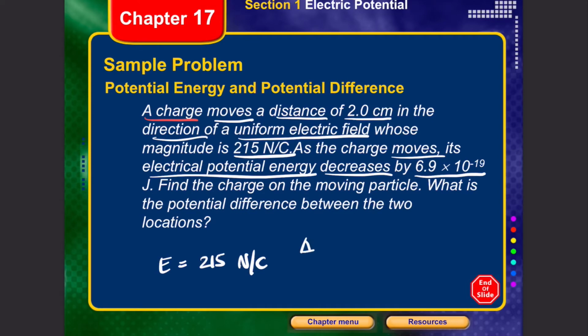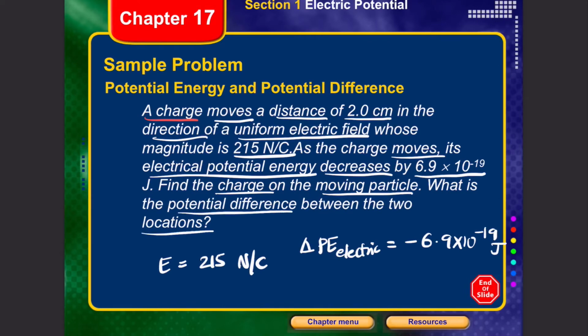So delta potential energy electric is decreasing, meaning that it's negative: negative 6.9 times 10 to the power negative 19 joule. They are asking you to find the charge on the moving particle and the potential difference between the two locations. First things first, the distance is given here: D is 2 centimeters.